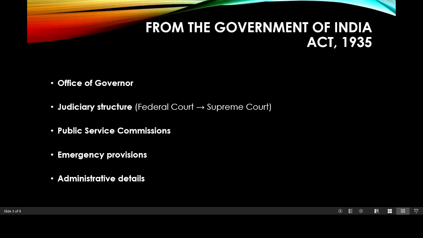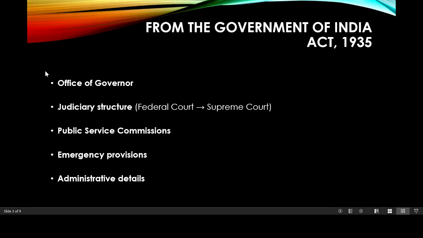The Office of Governor, and the judiciary structure, that is the Federal Court, which later turned into the Supreme Court. Here you have to remember that the Supreme Court now functioning is not the Supreme Court that was formed during the Regulating Act.